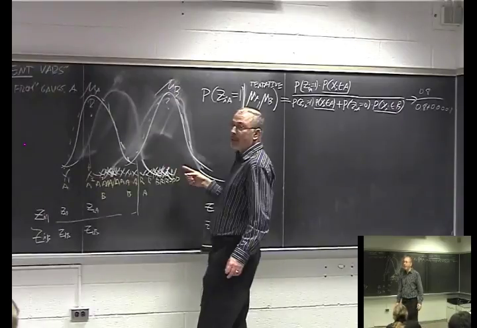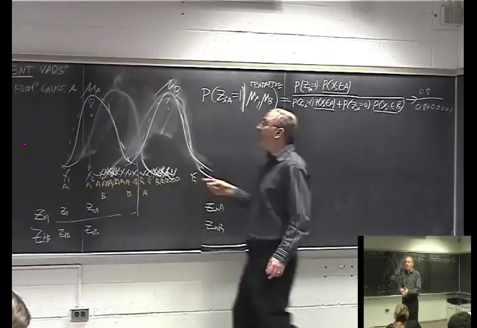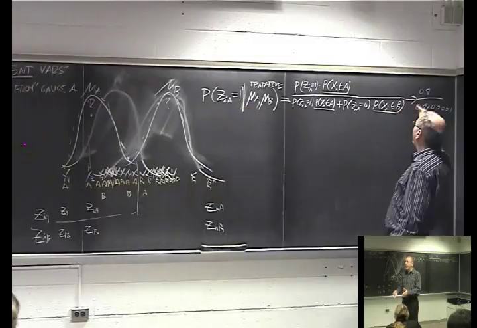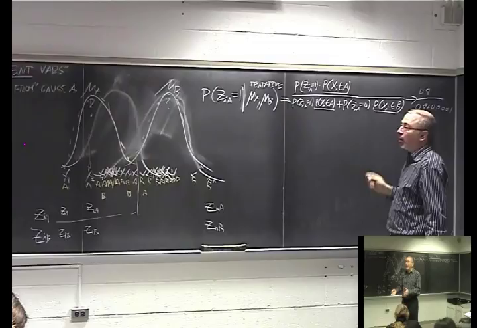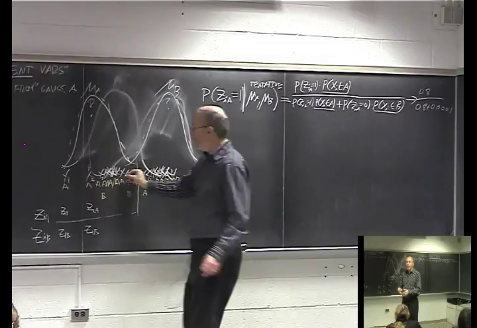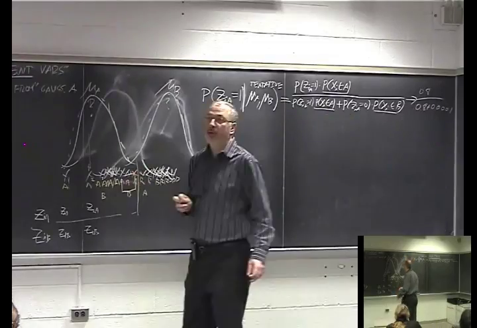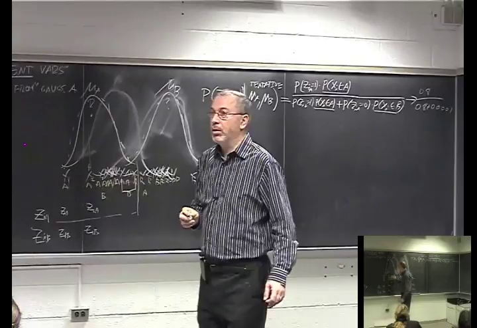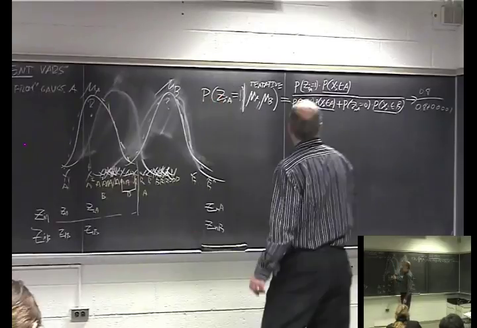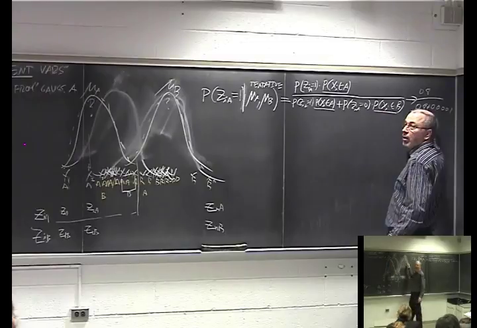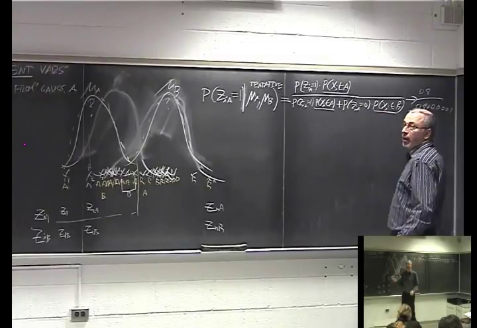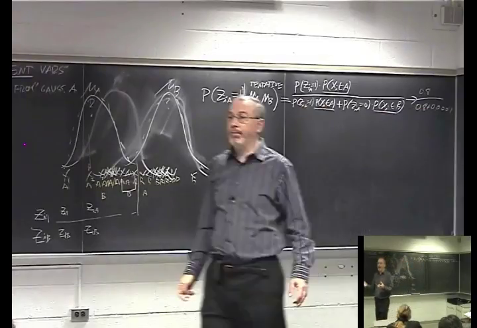Instead of thinking of the z's as being deterministic, 1 or 0, and having some probability, we can think of them as being fractional. So you can think of each data point, let's say this data point here, which is 80% likely came from here and 20% likely came from there. We could think of that data point as if 80% of it came from A and 20% of it came from B.